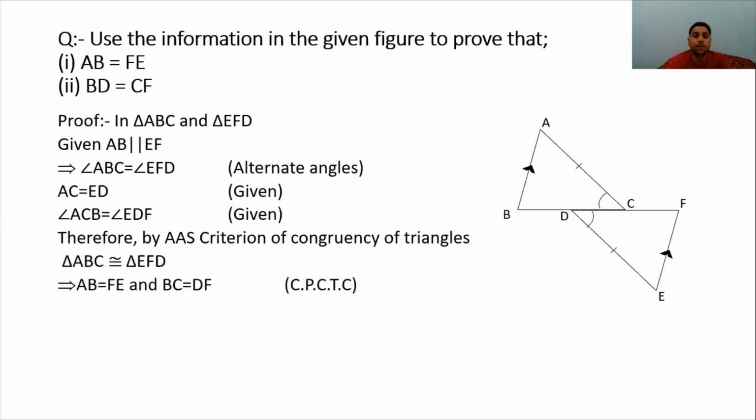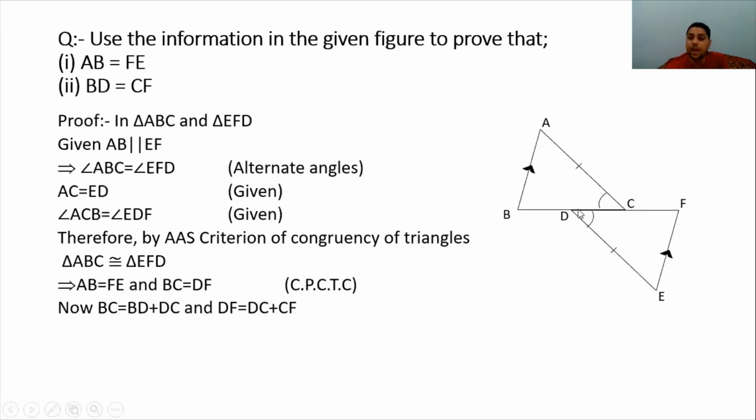And when we say that triangles are congruent, that means by CPCT, corresponding parts of congruent triangles are equal. That means AB is equal to FE, and BC is equal to DF. Now, BC can be written as BD plus DC.